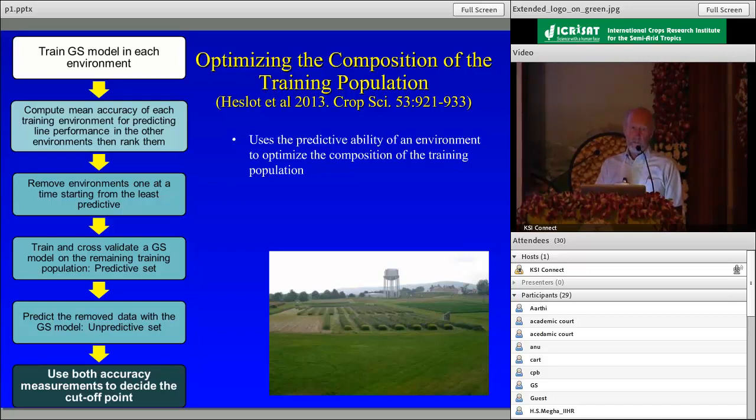Then he ranked them from low to high and removed one at a time the poorest prediction environment. He then retrained his model on the remaining environments and repeated the process. The environments that he took out of the predictive set, he moved into the unpredictive set, and then he ran the new model on the unpredictive set to see if some information was lost.